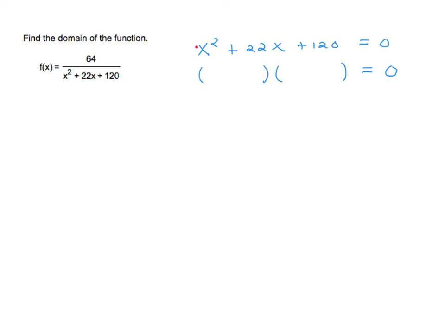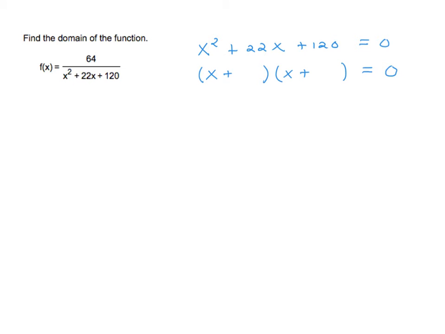When factoring an x squared term, I know that in my factors, I'd have to have an x and an x. Everything up here is positive, so in my factors, I know I'll have to have an x plus and an x plus. And I'm left deciding I need two numbers that multiply to 120, yet add to 22.